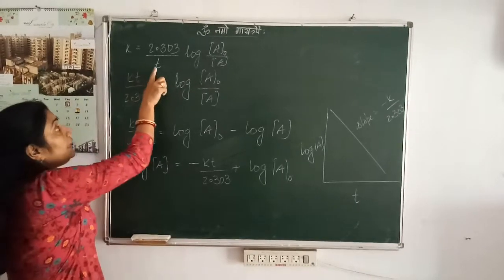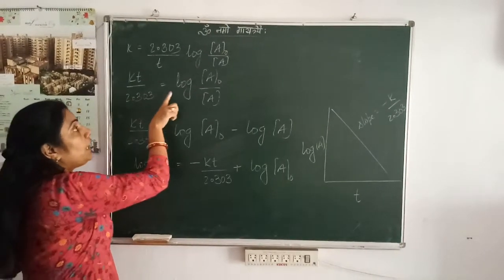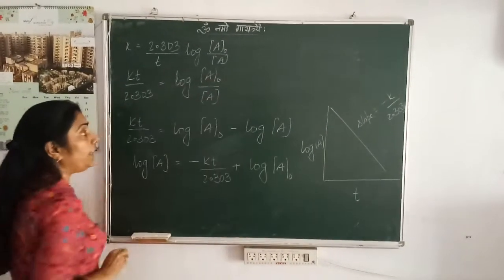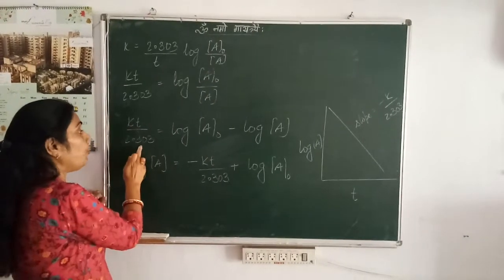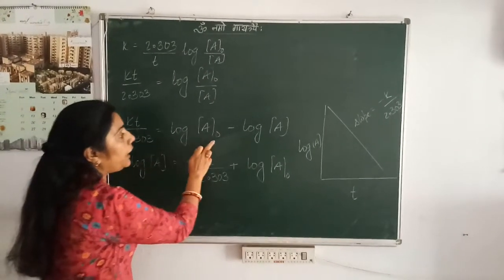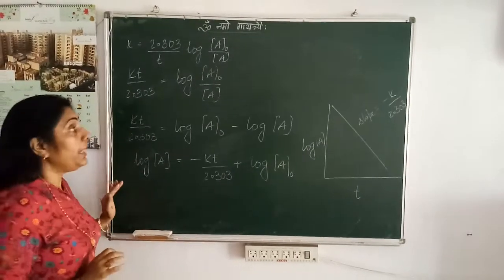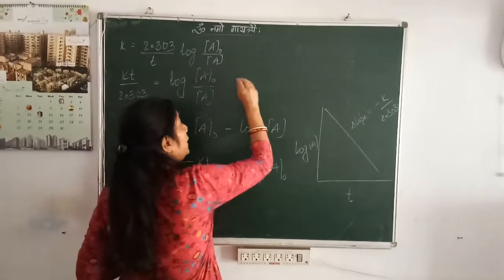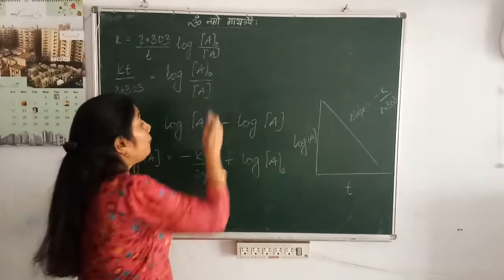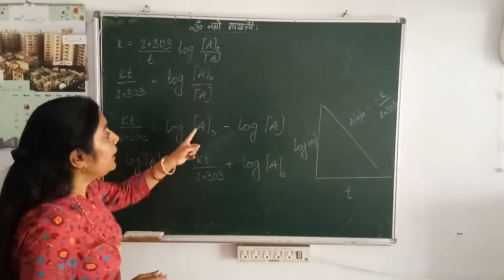Can we write Kt by 2.303 is equal to log A naught by A? Then Kt by 2.303 is equal to log A naught minus log A. As you all know, in logarithms, when it is division, we subtract.